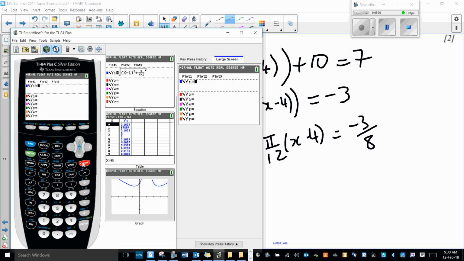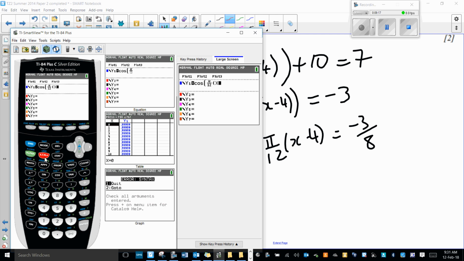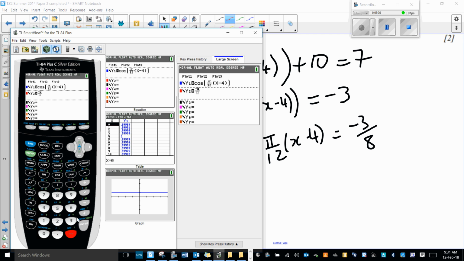So I'm going to do cos of pi over 12 (x minus 4), and then I'm going to do -3 over 8.